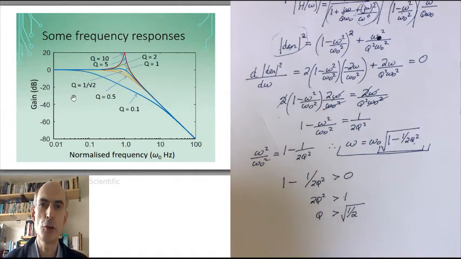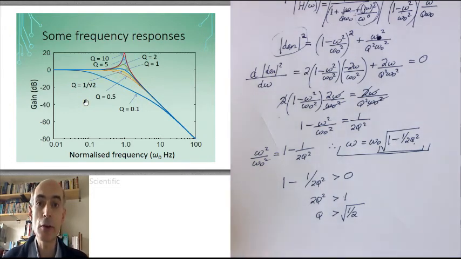Choosing a value of Q of 1 over root 2 allows you to maintain that gain as close to 0 as possible for as long as possible before the attenuation starts pulling down, without introducing any peaking in the response, any maximums. And it's one reason why this is a very common choice for low-pass filters in a lot of audio applications.